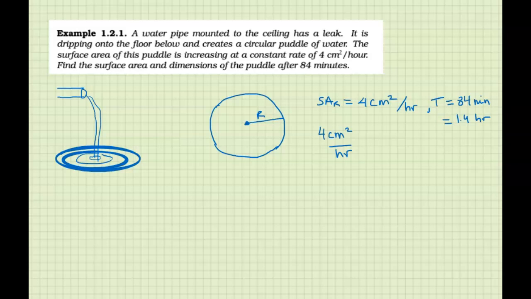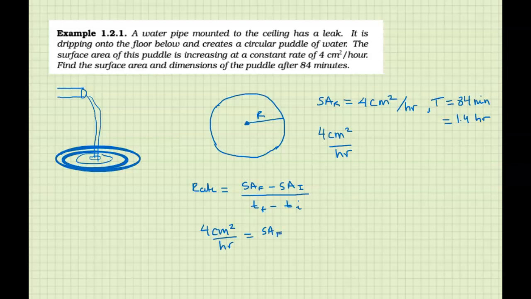Okay, so this is related to that last equation, because the rate is the surface area final minus the surface area initial divided by the time final minus time initial. Okay, so we know the rate is 4 centimeters squared per hour. We're trying to figure out the surface area final.